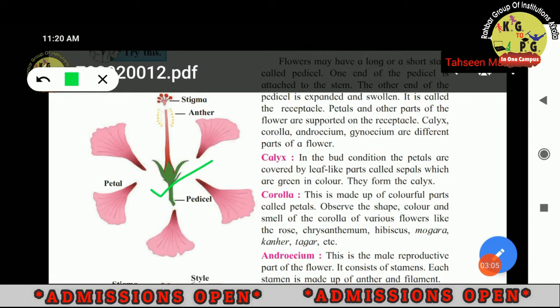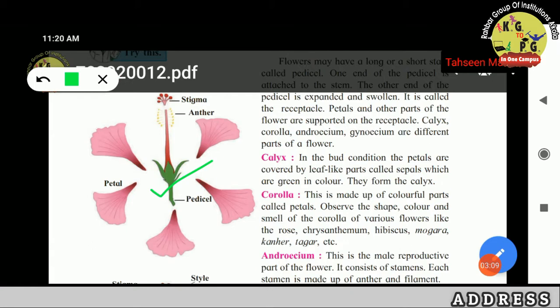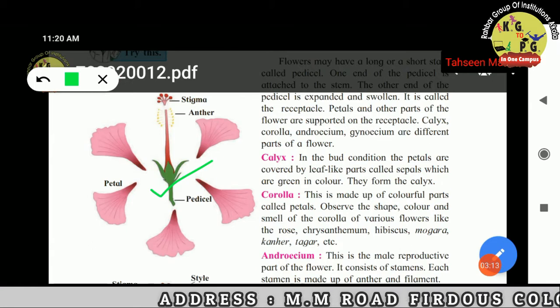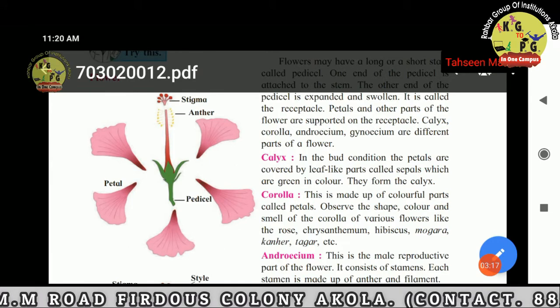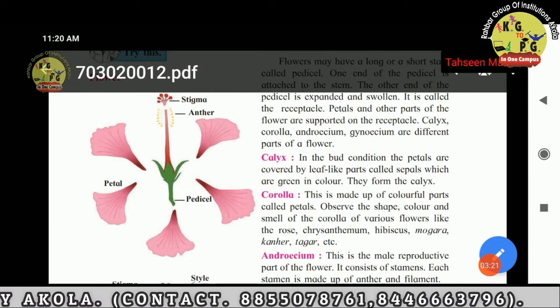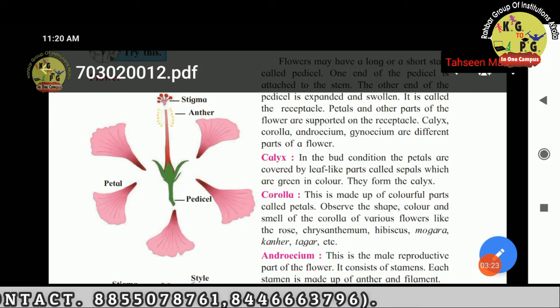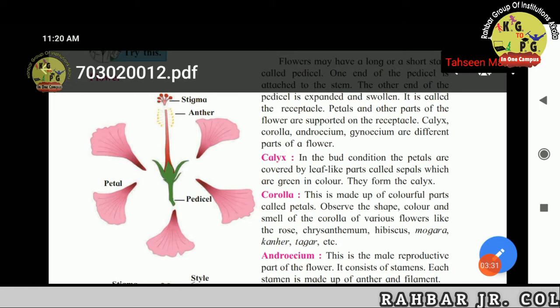One end of the pedicel is attached to the stem, the other end of the pedicel is expanded and swollen. It is called the receptacle. Petals and other parts of the flower are supported on the receptacle, like calyx, corolla, androecium, gynoecium and different parts of a plant.